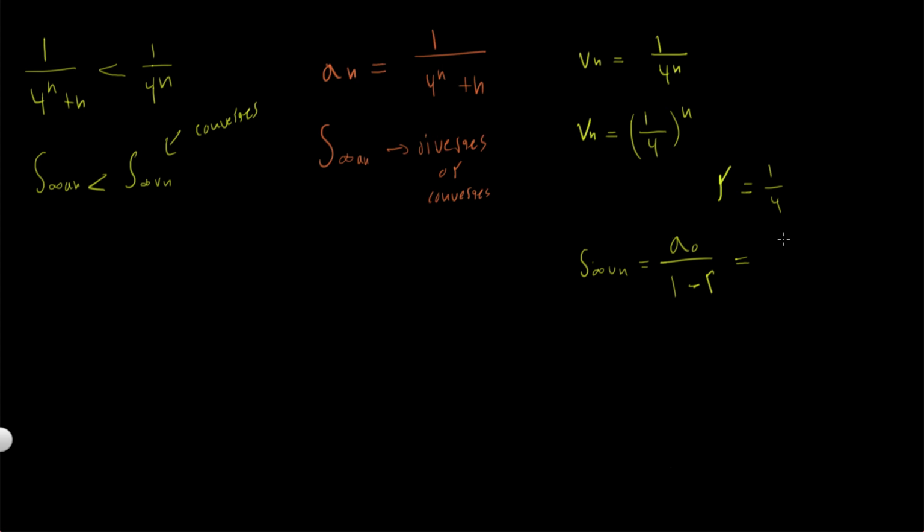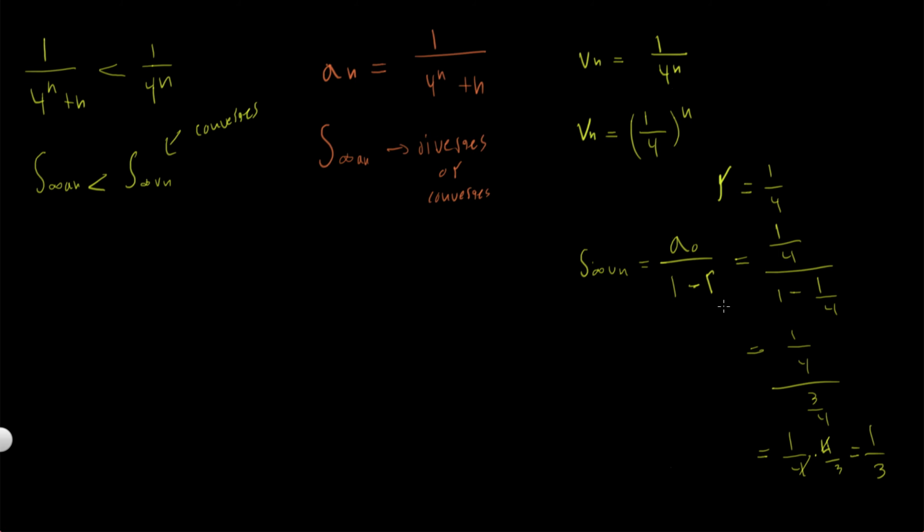The ratio is 1/4, so we have 1/4 over 1 minus 1/4. And so we can easily find this value. 1 minus 1/4 is 3/4. So this is equal to 1/4 times, remember when you divide fractions you multiply by the reciprocal, 4 over 3. The 4's go away, and we're left with 1/3. So the infinite summation of 1 over 4 to the n is 1/3.